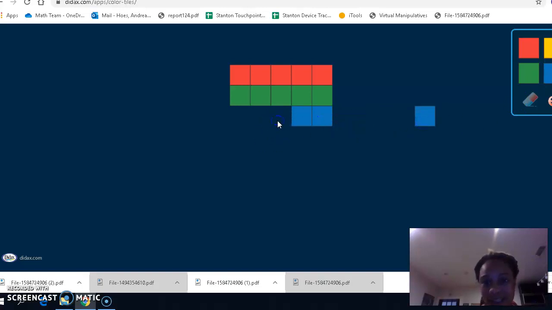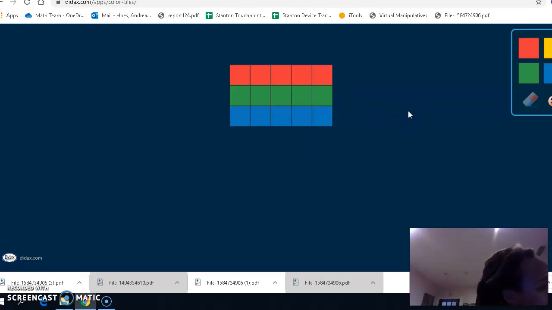Okay, this will not cooperate with me. Three rows of 5. We need 1 more row of 5.